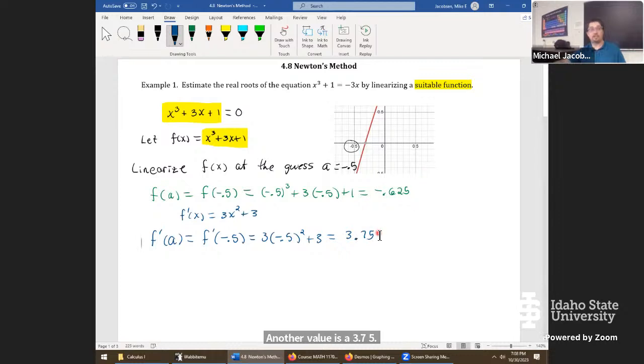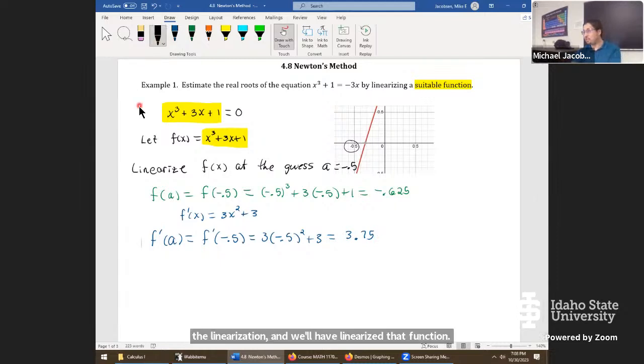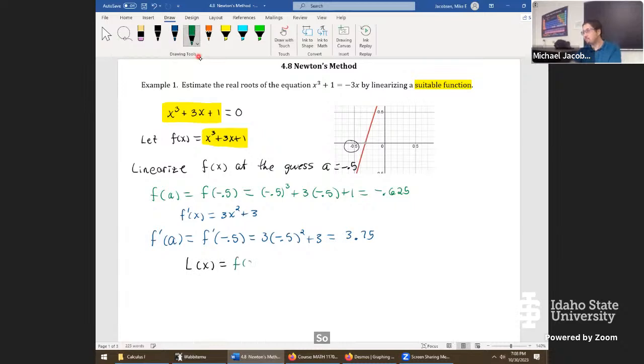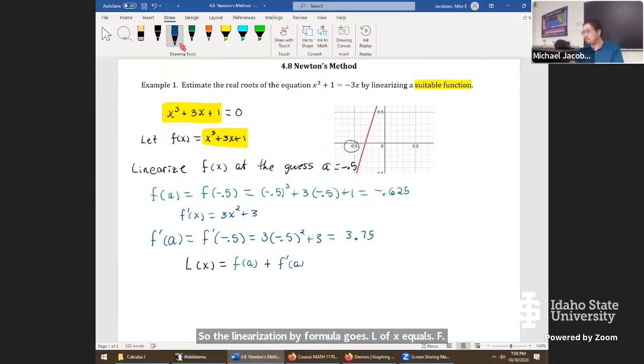So we can now take these two ingredients, throw them inside the linearization, and we'll have linearized that function. So the linearization by formula goes L of x equals f of a plus the derivative of f at a, so f prime at a, multiplied by x minus a.